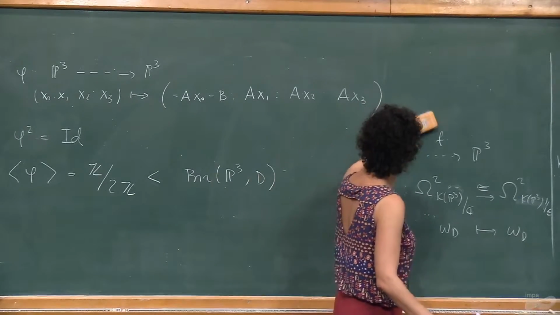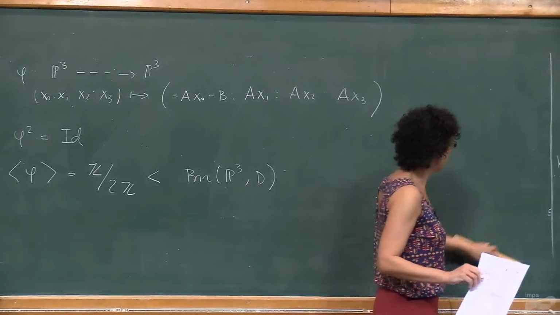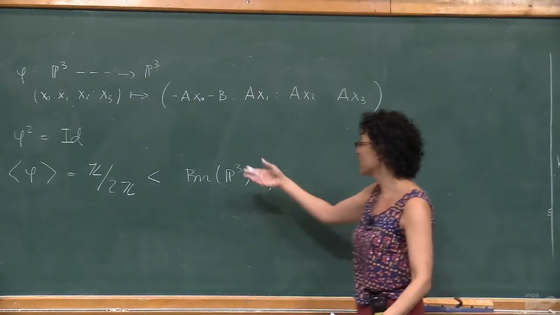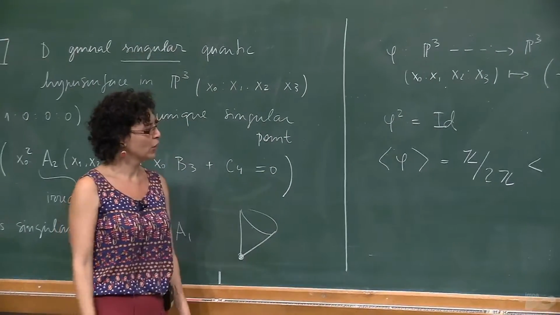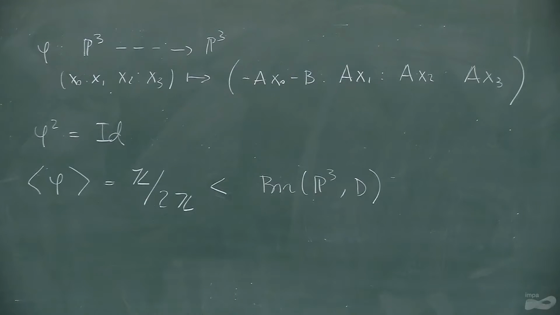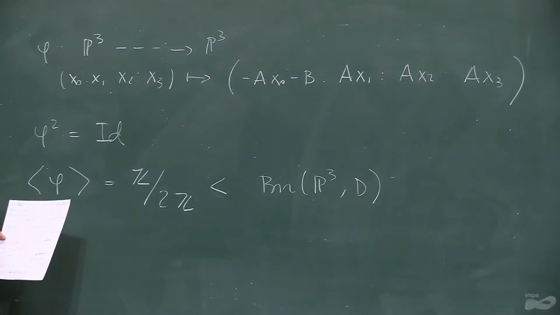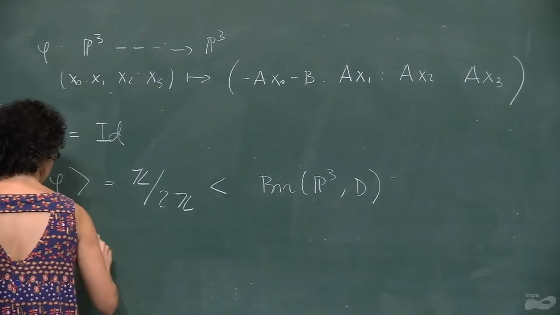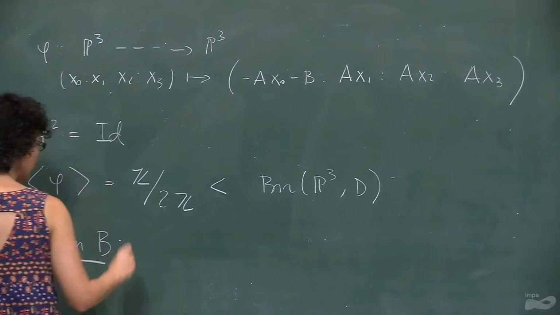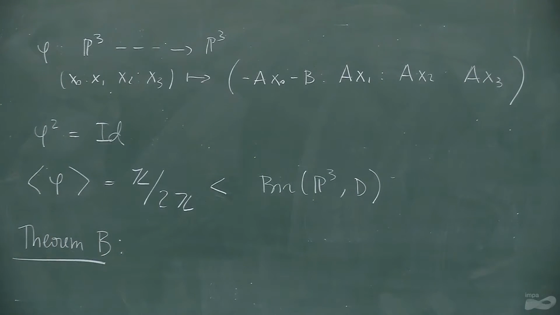Okay, so we have this map here that already gives us something non-trivial in the Cremona group of volume-preserving maps of P3. And what we prove, so let me write Theorem B. We give a complete description of the subgroup of the Cremona group that preserves D in this special case.